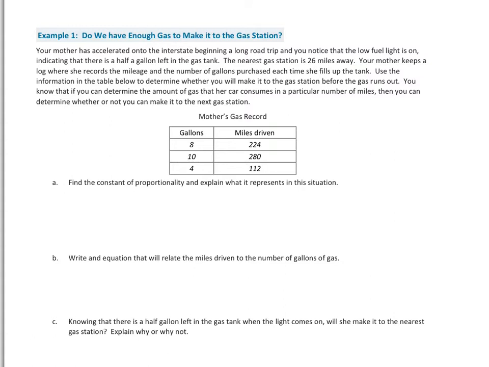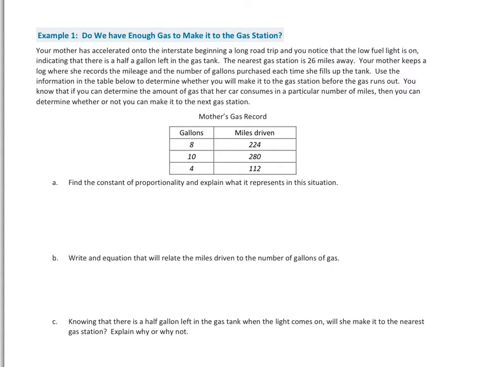So remember that when we were building our tables, we made a conscious effort to determine which variable or which quantity was going to represent our independent variable and which one was going to represent our dependent. And remember, the independent is the one that you actually have a choice on.